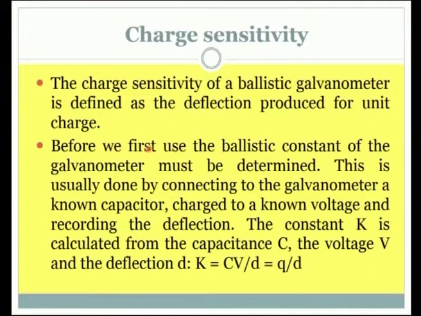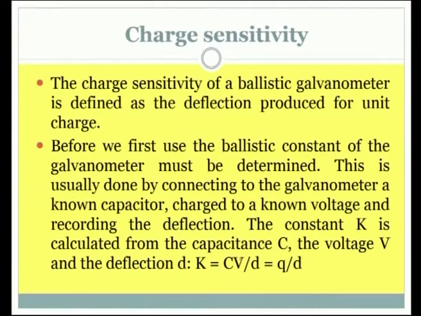But before we first use the ballistic galvanometer, its constant must be determined. This is usually done by connecting the galvanometer to a known capacitor charged to a known voltage and recording the deflection. The constant K is calculated from the capacitance C, the voltage V, and the deflection D.